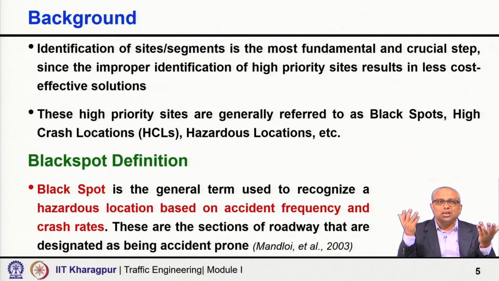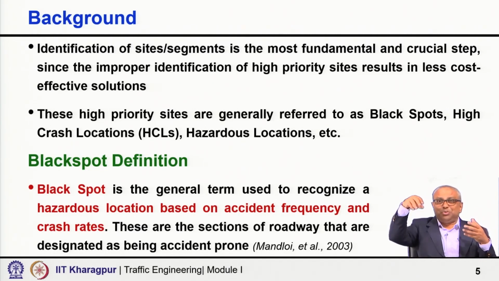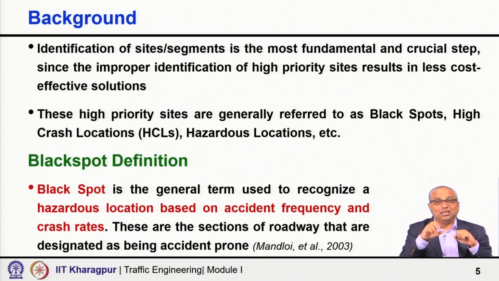These are the sections of roadway that are designated as being accident prone. When we are driving, we often see the police board saying this location is accident prone, right.